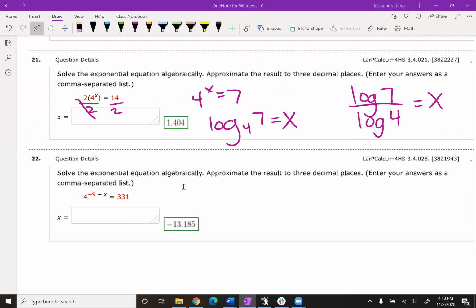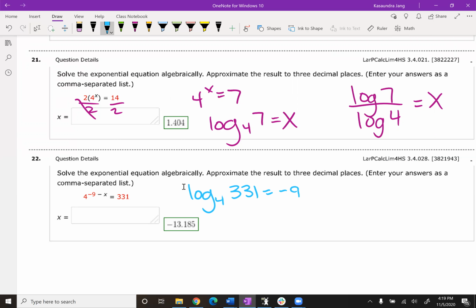So the 22, I am going to turn this into a logarithm first. I will do a log base 4. The 4 was the base of my exponential, so I made that the base of my logarithm. So I'm doing log base 4 of 331 equals my exponent.